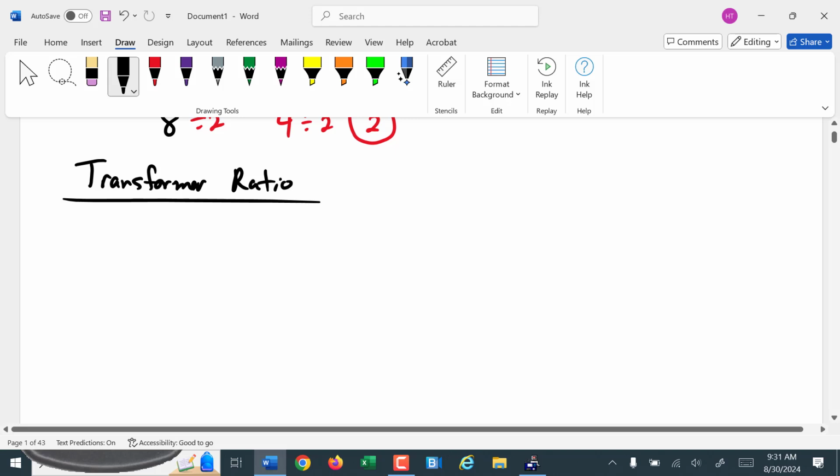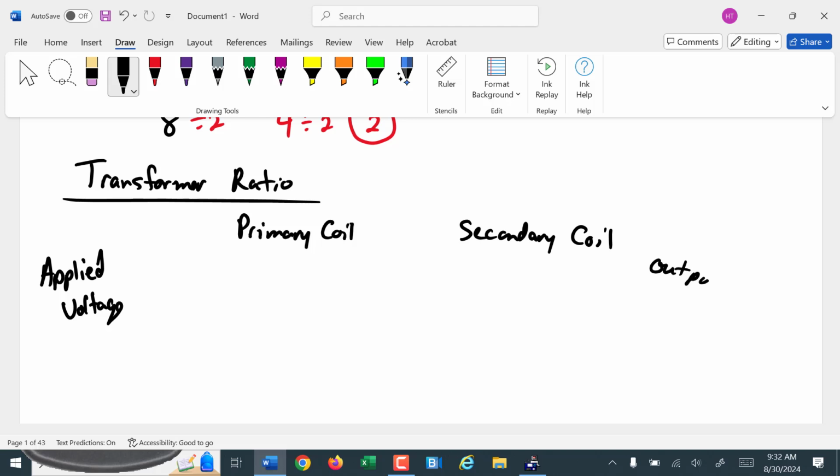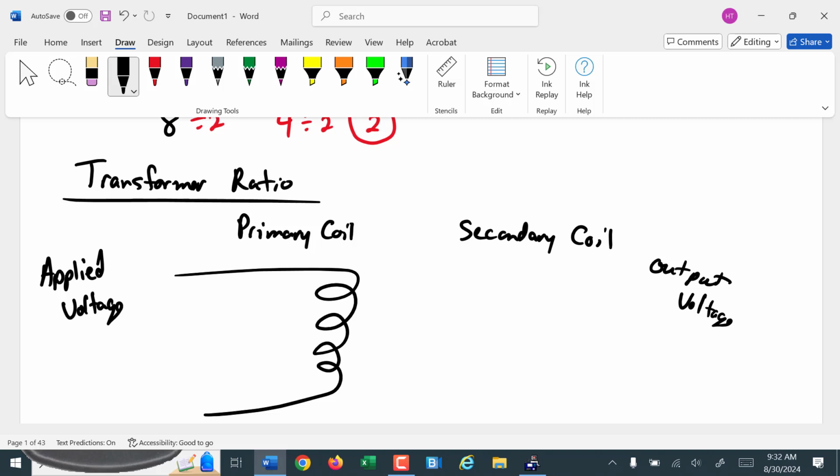In electronics, one of the big ratios you're going to work with is a transformer ratio. Transformer ratios deal with the number of turns in the coils. So you have a primary coil and a secondary coil. Your primary coil is where you have your applied voltage or applied current.